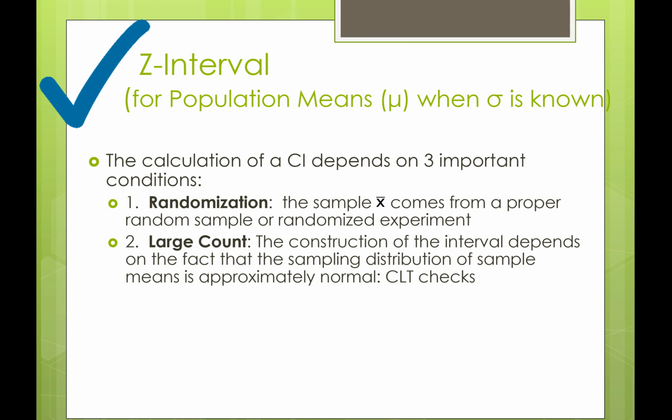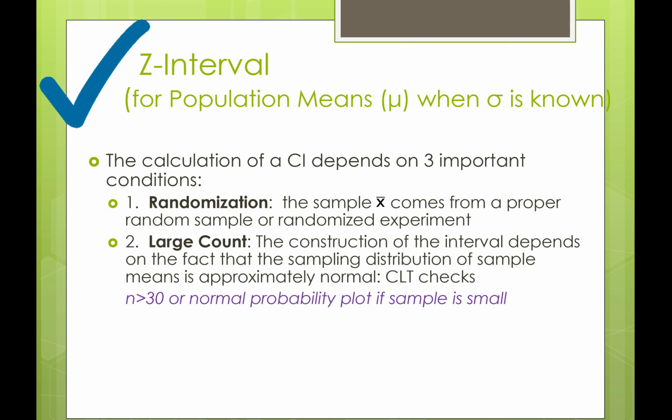Then we have to do the large count. It has some other names, like some people used to call it the normality check. Large count is good because that's really what it's trying to make sure you have, a big enough sample size. Since we're doing means, we need our sample size to be greater than 30, so then we can use the central limit theorem, and our sampling distribution will be approximately normal.